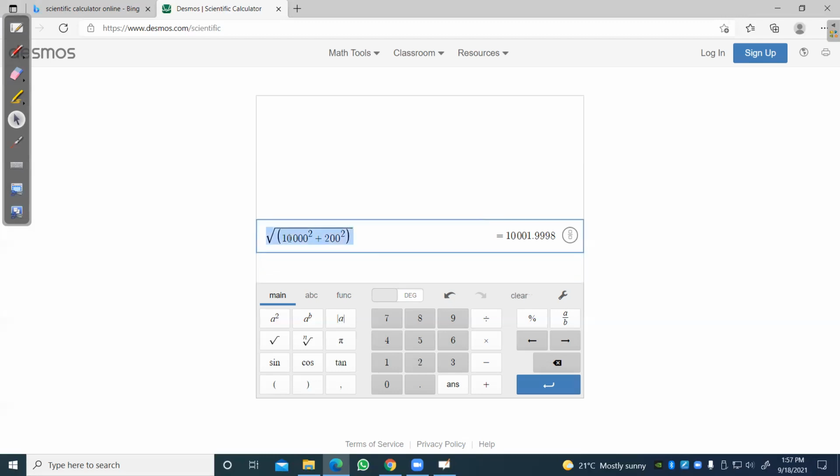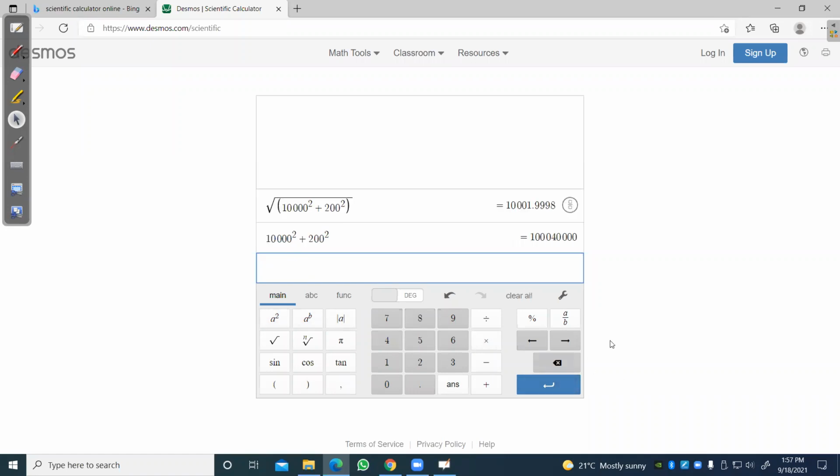Okay, well, how about we try something else? We just try this, okay? 10,000 squared plus 200 squared. Let's try that. Is that giving you anything? Does that give you this?